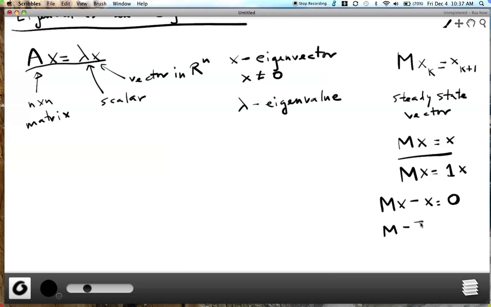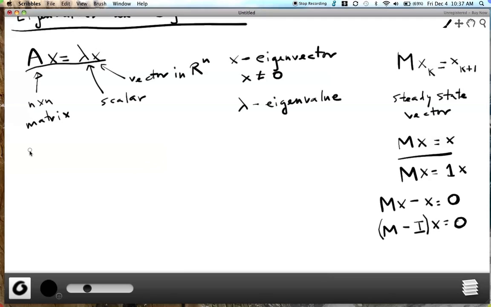Remember, we ended up with M minus the identity times x equals the zero vector. And so then we just had a simple homogeneous system to solve, okay, where this is our coefficient matrix. We need to compute that first, and then we just solve the homogeneous system. We're going to use that same approach in finding our eigenvalues and eigenvectors.